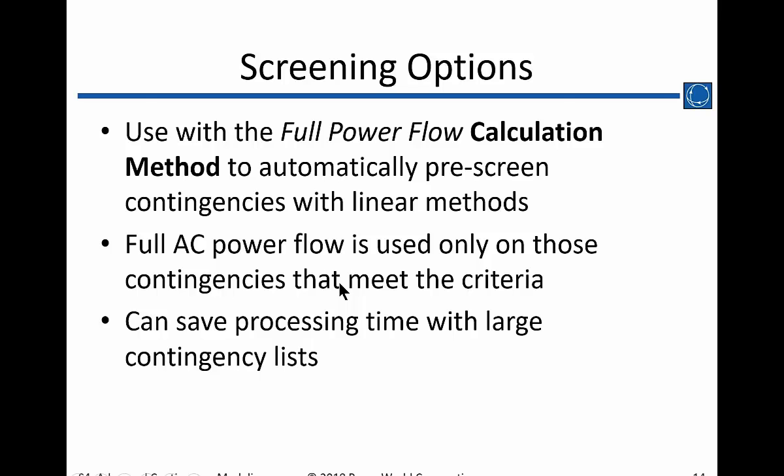If your time is limited and you want to get some quick answers, you can run the DC power flow, which is what we did initially, but then that doesn't give you all the details on those contingencies. Kind of a middle of the road approach is to use the screening, which will look at the severity of the contingencies using linear methods and then run the full AC power flow to solve only the worst ones.